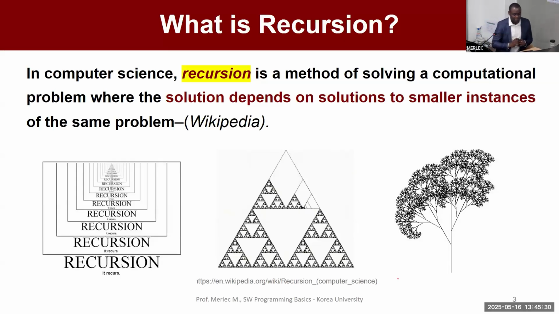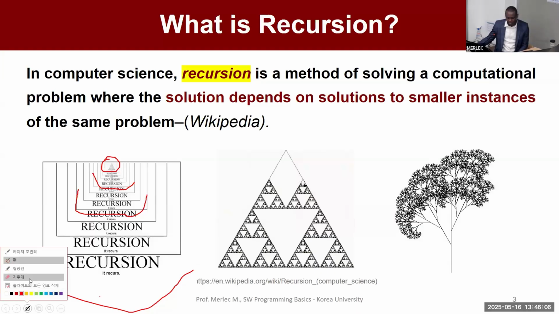If those small problems are of the same type, you can use recursion to resolve each of the sub-problems. Like here on the left, you have a big problem that has been defined as a recursive solution, where you start from the smallest solution, and it will be recursively used until we address the overall complex problem without any difficulty.